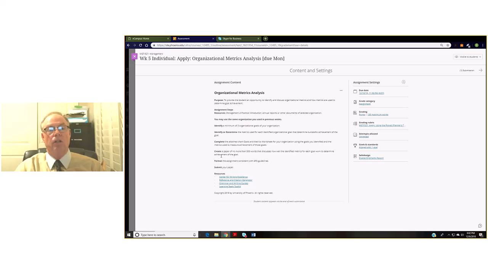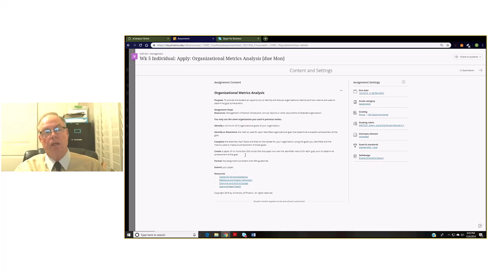Then I want you to create a paper, no more, that's the upper limit, no more than 500 words, that discusses how well the identified metrics for each goal work to determine achievement of the goal. And if you're going to go over 500 words, you may get some points off. The idea here is to write with conciseness.